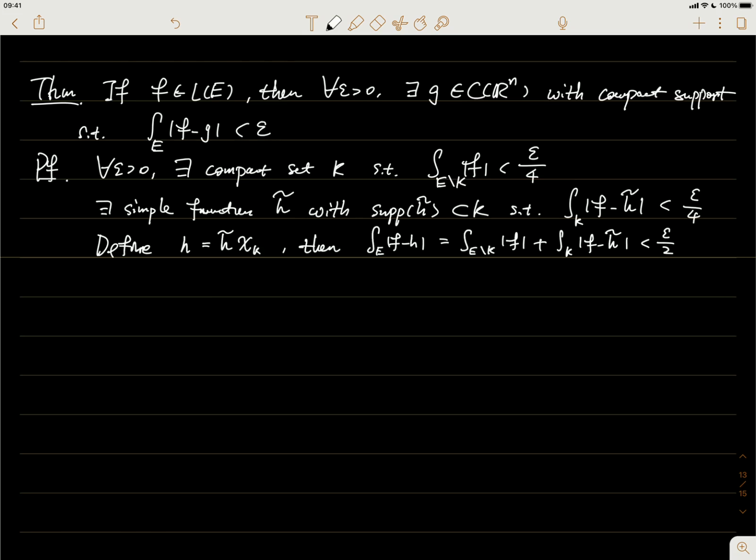And then we can focus on this h, or h tilde, because it's on a compact support and it's simple, so we can use Lusin's theorem.